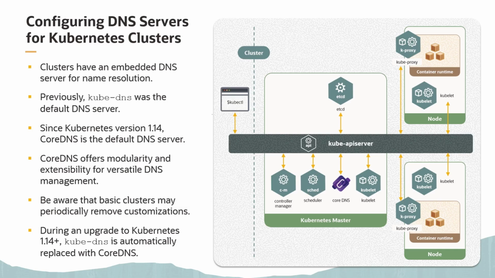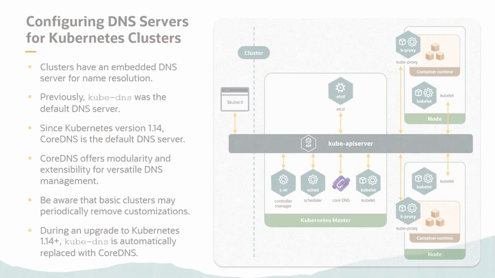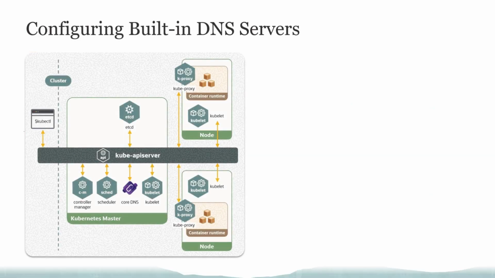This transition is seamless, but it's crucial to understand that customizations made to kubedns behavior won't automatically carry forward to CoreDNS. You'll need to create and apply a new config map with your customizations to override settings in the CoreDNS Corefile. Let's understand CoreDNS in more detail.